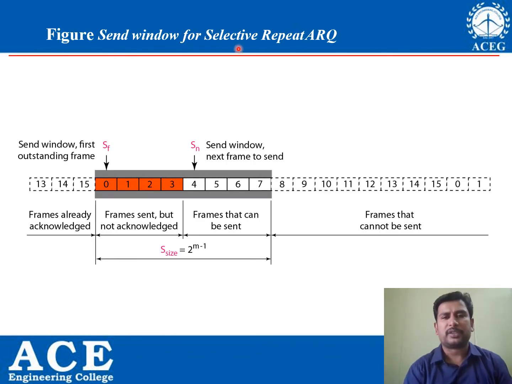Let us try to understand the sender window of selective repeat ARQ. As mentioned, we will take the example where the number of bits to represent the sequence number m equals 4. So the size of the sender window is 2 power m minus 1, which is 2 power 4 minus 1, 2 cube, that is equal to 8.